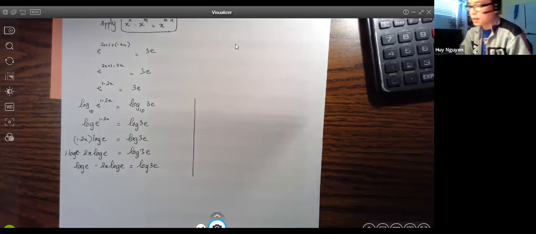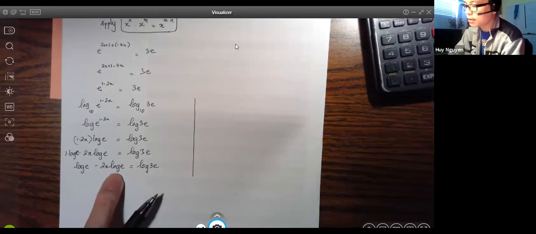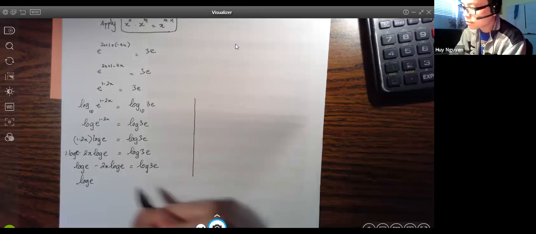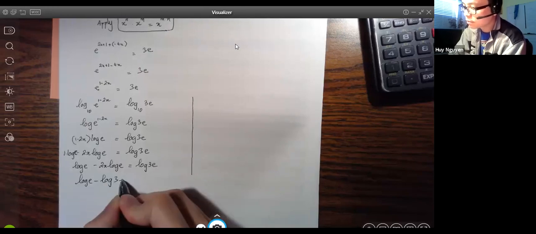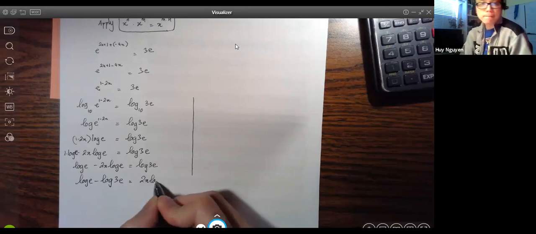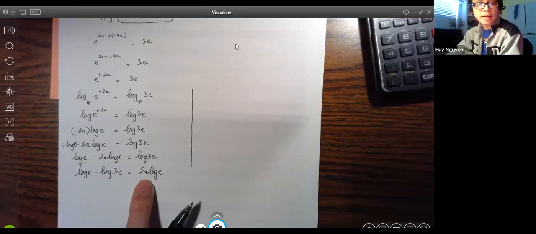Then I move the 2x log e right here on the right hand side. Then in order to get the x, I divide both sides by 2 log e.